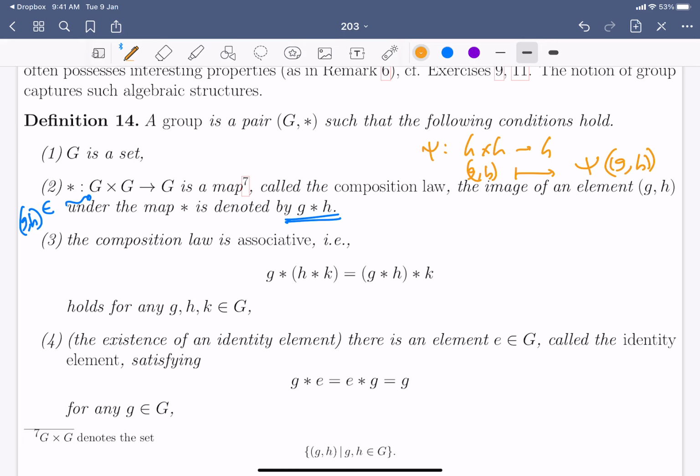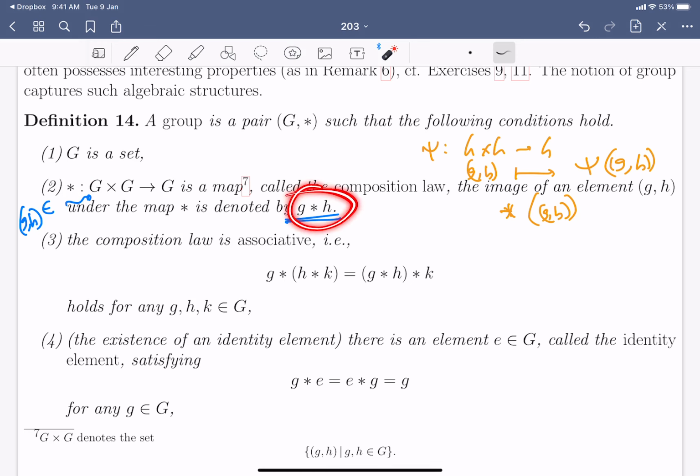Following the same standard convention, we may hope that the image of an element (g, h) inside G cross G under this map star will be denoted by star of (g, h), right? By following the standard convention, of course, this is the way to denote the image of (g, h) under this map star, but this is not done here.